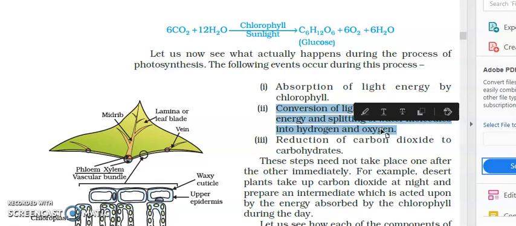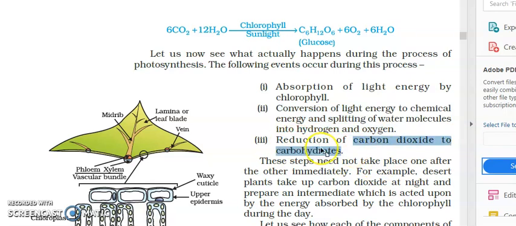Of photosynthesis. This is very crucial because this will help in the creation of certain energy-rich phosphate compounds which are going to be utilized in the third step over here. So that is your linking.